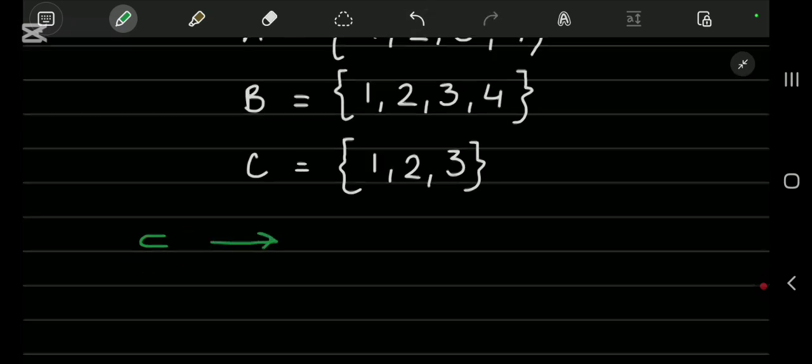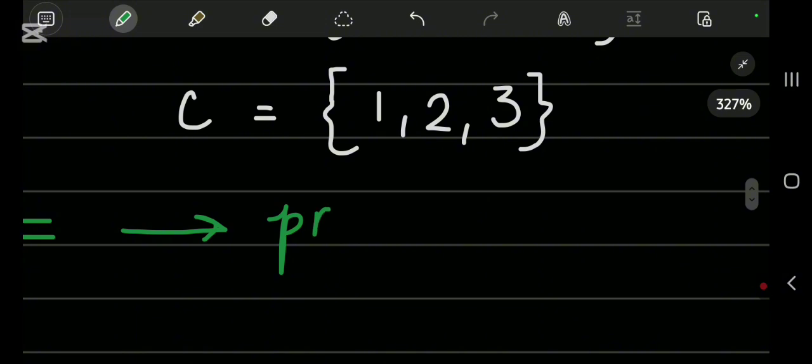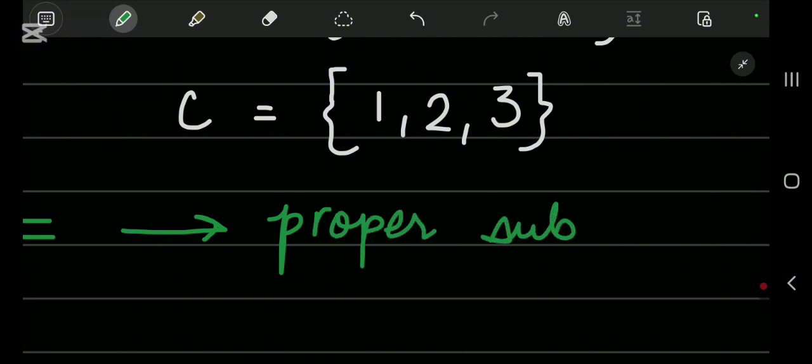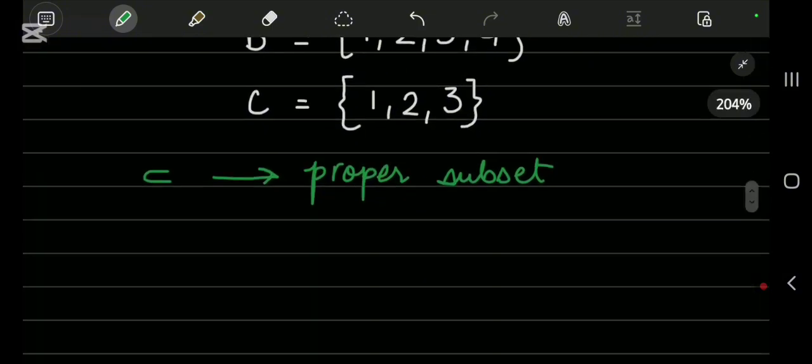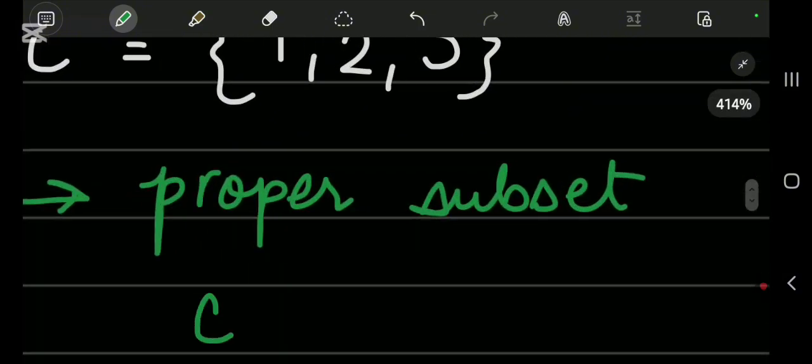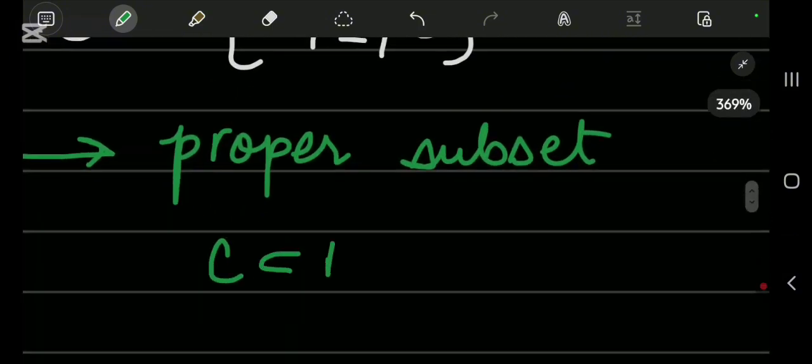So this is how we represent a proper subset. Among these two, set A and set C, both are subsets, but only one of them is a proper subset. Which one is that? C is a proper subset of B.